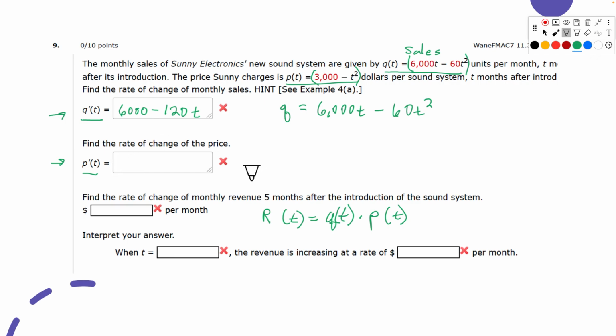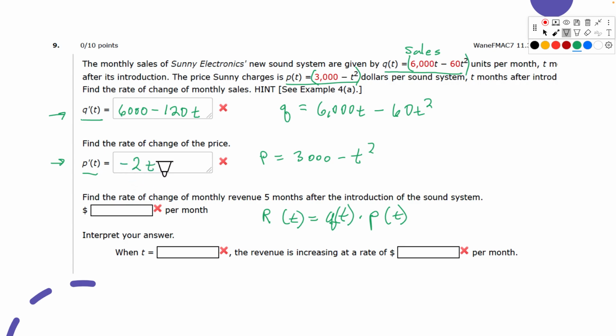So for the price, what is the price going to be? Well, I'll just copy it down here. It's 3,000 minus t squared. So when I take this derivative, the derivative of 3,000 is 0. I don't have to write it in. I could. The derivative of negative t squared is going to be negative 2t.